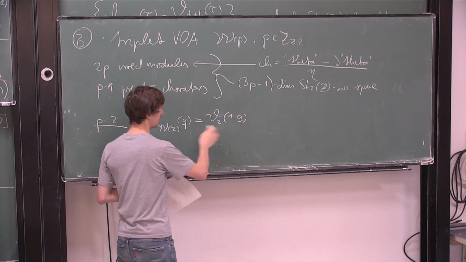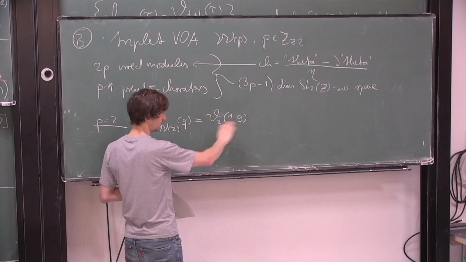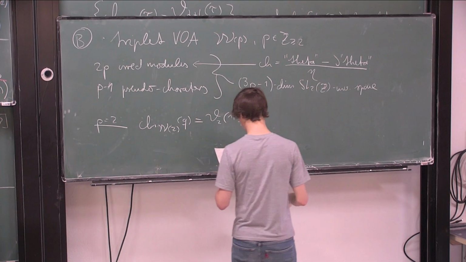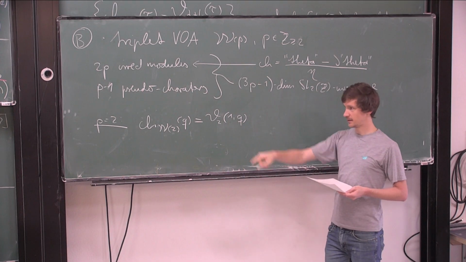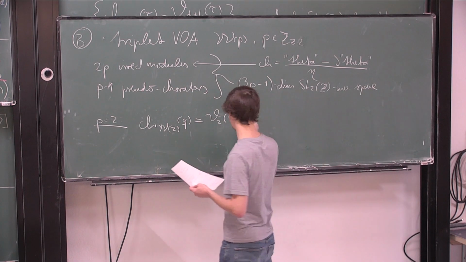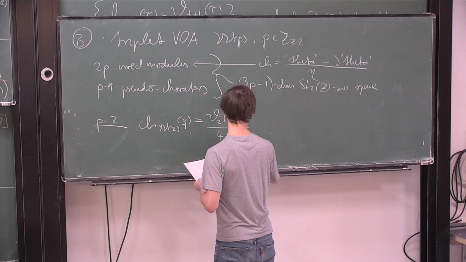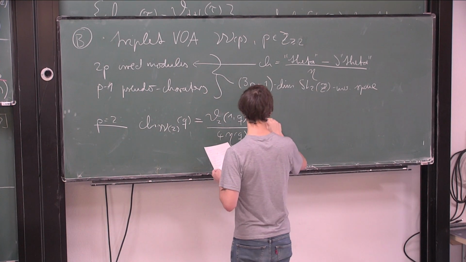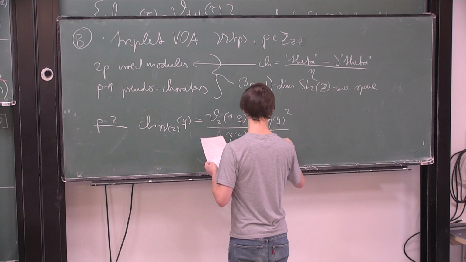Here you see already, so here I'm setting the Jacobi variable to 1. It's just a Q character here, yeah? But this kind of hints at the fact that sometimes it makes sense to not have this equal to 1, but you need another operator that commutes with L0. Divided by 4 eta of Q plus eta Q squared over 2.